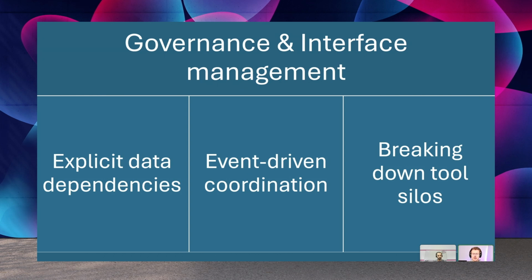By having these explicit data dependencies and building on an orchestration tool named Dagster, we can work with this graph. We make this graph transparent. So any ingestion activity, any transformation activity, even BI dashboards, and any AI activities are part of this graph.